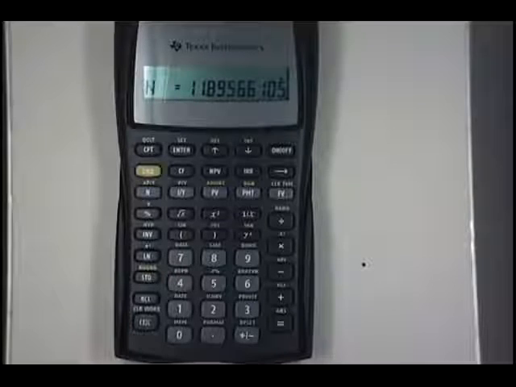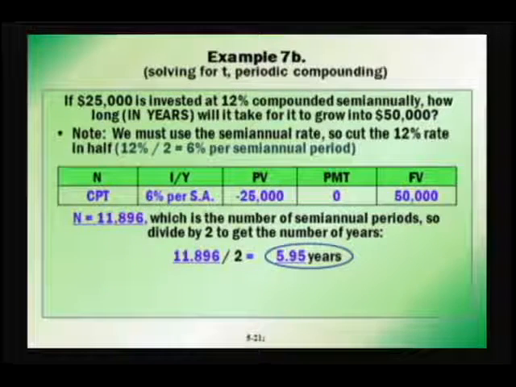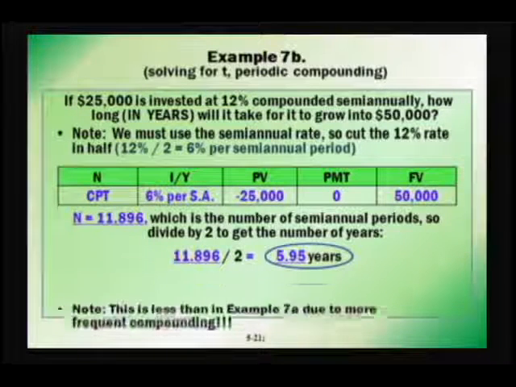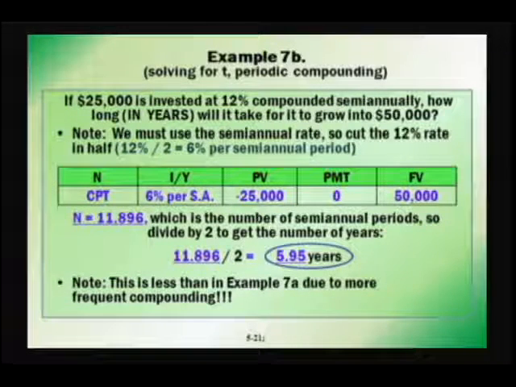So to get to the number of years, we would divide by 2, 5.95 years. So we've shortened the time frame just a little bit by compounding semi-annually. Because of the more frequent compounding, it's less.